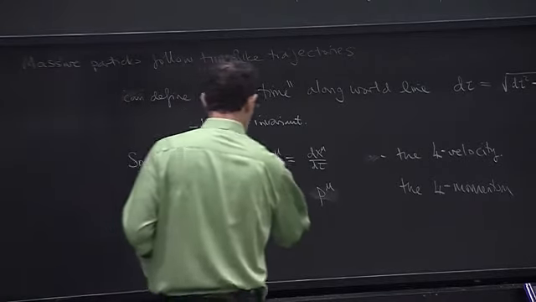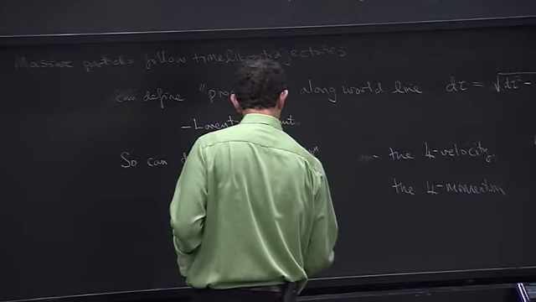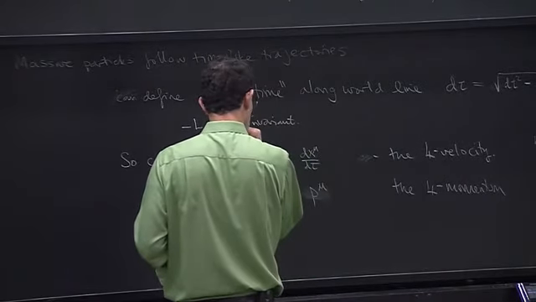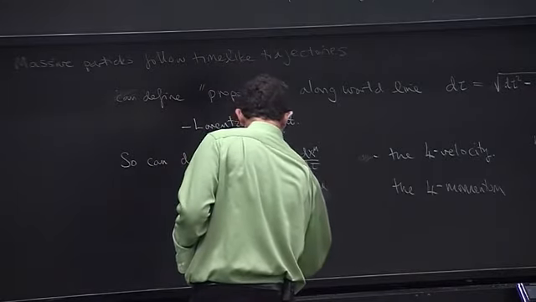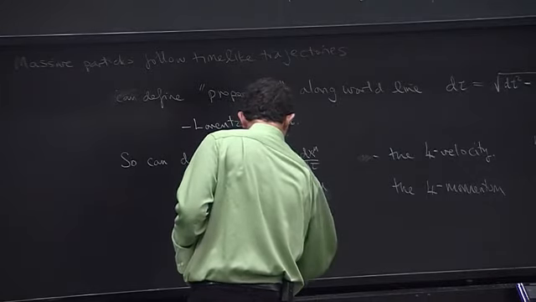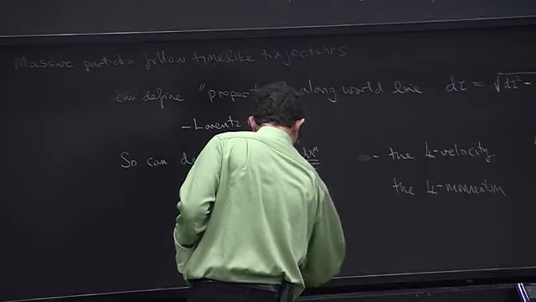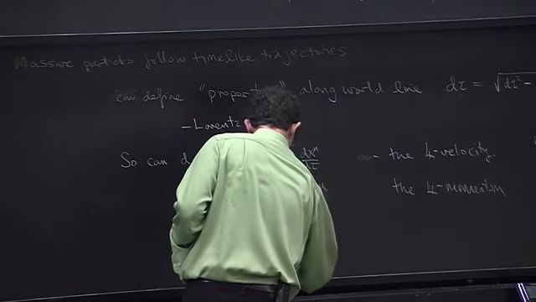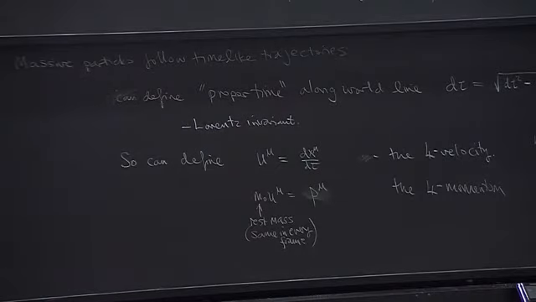Well, this is a definition of the four-momentum, where this is the rest mass, which is the same in every frame. Okay, so that also defines a Lorentz 4-vector, which is the four-momentum.